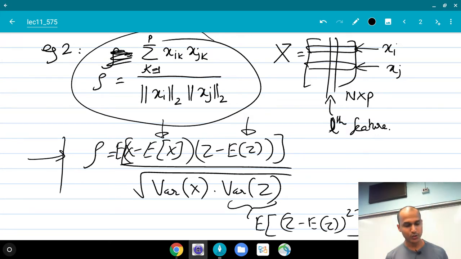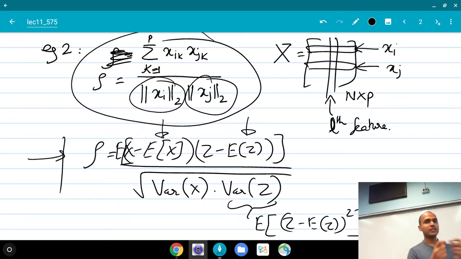In fact, if each observation has the same norm magnitude, these are called unit length vectors. Their 2 norm is equal to 1, so each term in the denominator is equal to 1, then the Euclidean distance is equal to 2 times this measure.